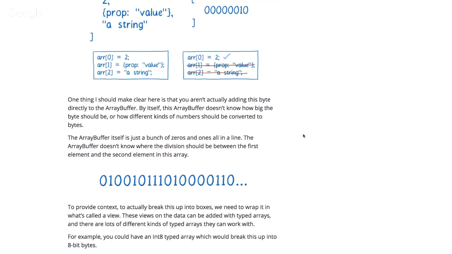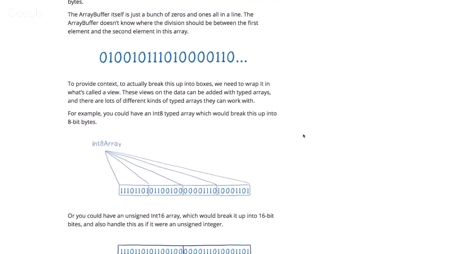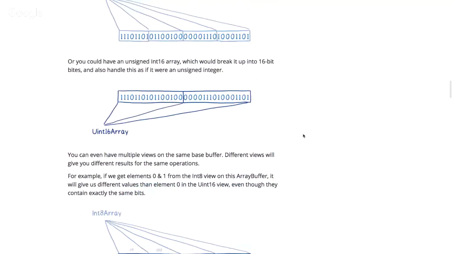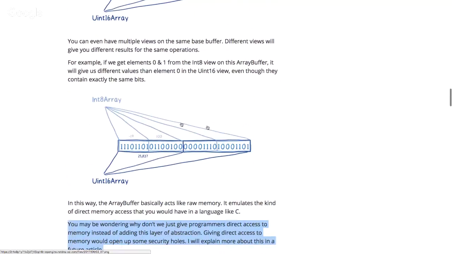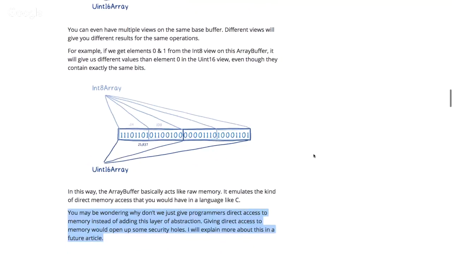It's one continuous piece of binary data. You can provide views into this binary data by saying, hey, this array buffer is of type int8, and then it'll break it at the 8-bit boundary. If you say uint16, then it will break it at the 16-bit boundary. And you can have multiple views. Obviously, each view will have a different value as the first element, because it will be breaking it at a different point in the array.